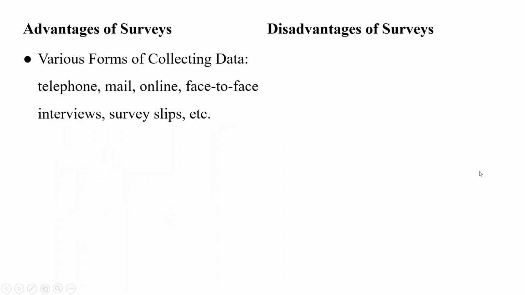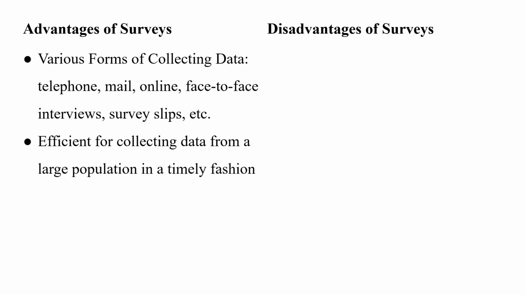Now, the advantages of surveys is that you can collect it in various forms. So you're going to see examples in this class about collecting data by telephone, by mail-in survey, online survey, of course, is popular, but also like face-to-face interviews, or when we do our project in our class, it's going to be via survey slips. There's a lot of different ways we can give out a survey, which makes it very convenient.